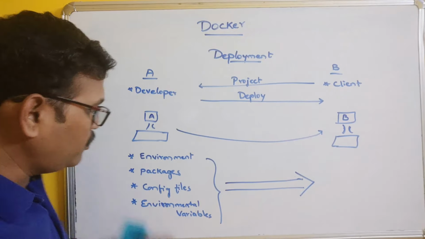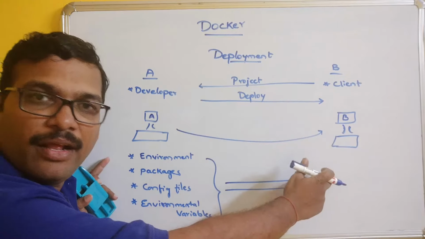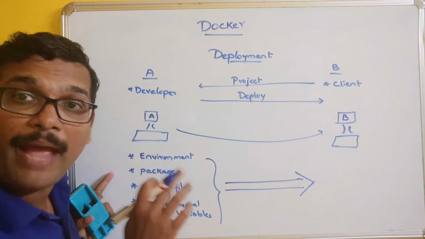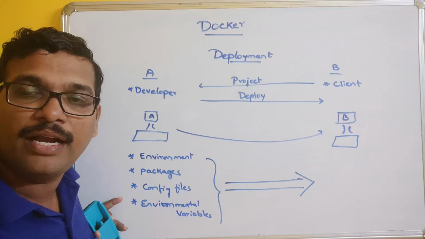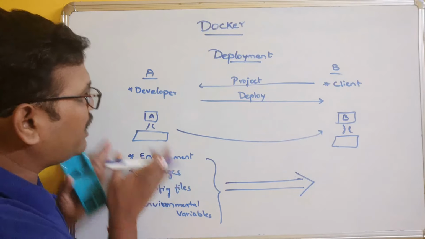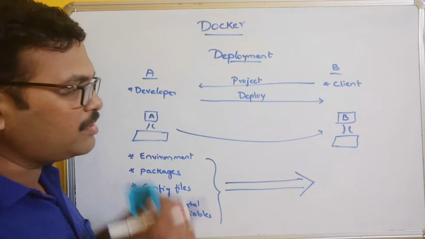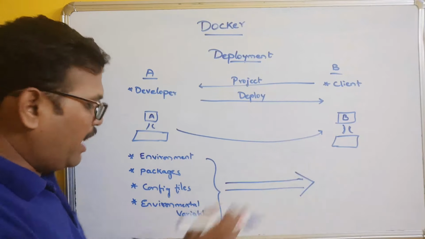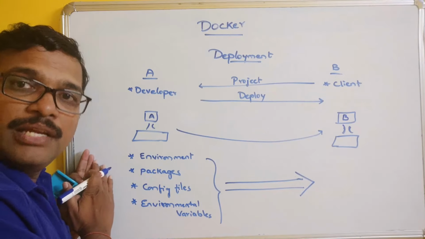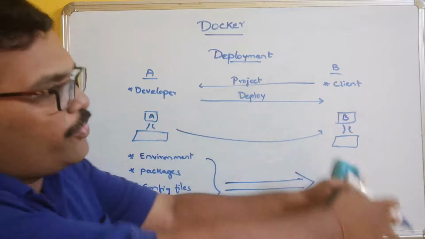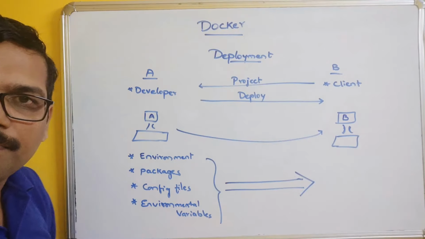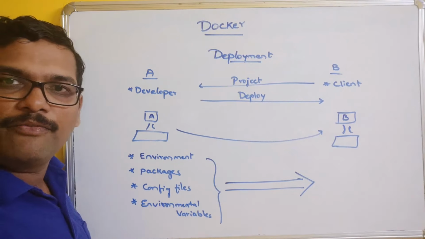So we have to take care of the environment here, and we need to take care of the packages including versions. Whatever packages were used for development, including versions, should be installed here, and whatever config files we used during development, the same should be installed in the client system, and similarly the environmental variables.